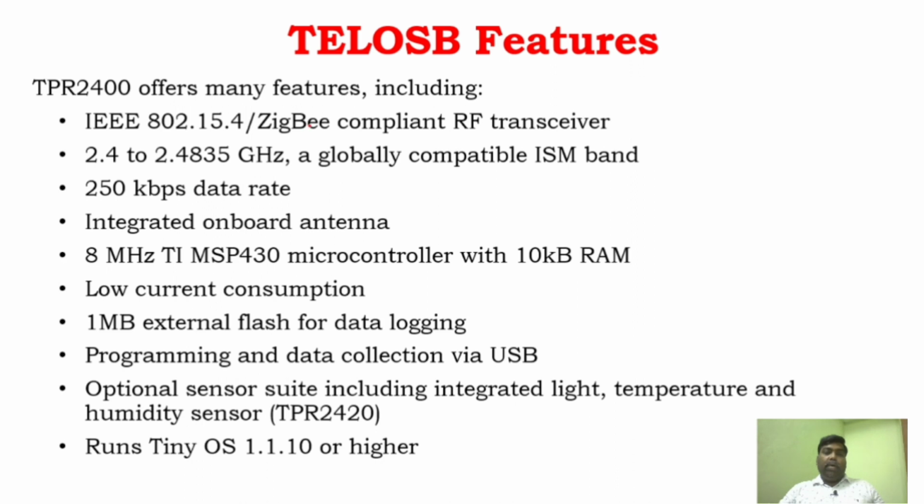And these are the advanced features which we just discussed. It works in the ISM band in 2.4 to 2.4835 gigahertz. It supports 250 kbps data rate, and we have already seen about the antenna integration. And most importantly, it consumes only low power, and the external memory is 1 MB.